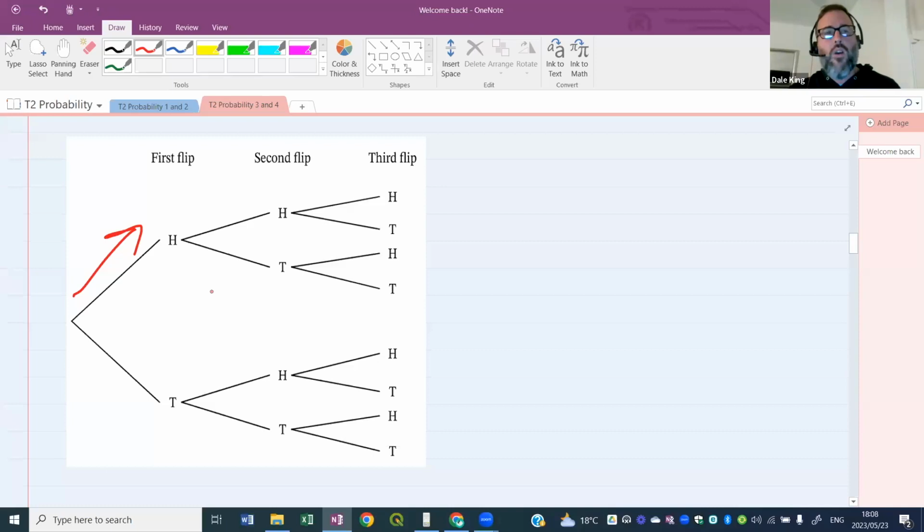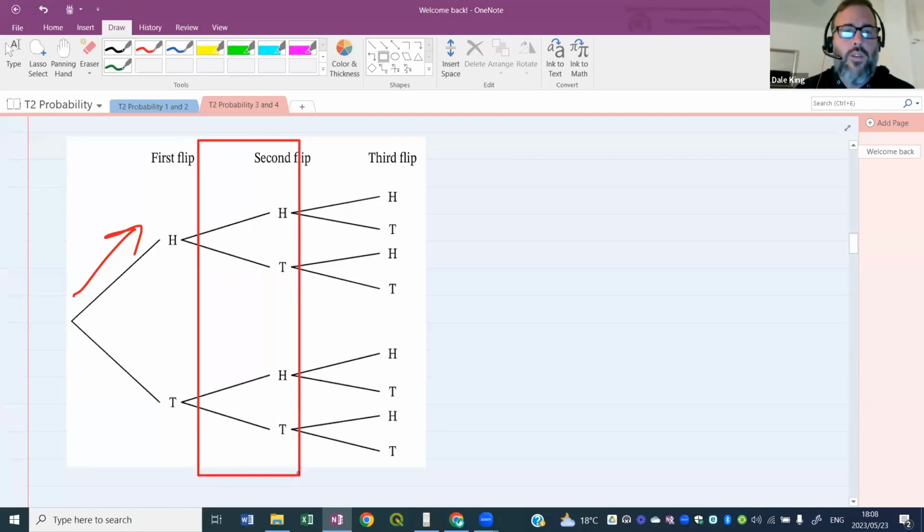So we're saying here, when we flip the coin first and look at the results, it could be heads. That's a possibility. Now, we flip the coin once, we see heads. We're going to flip the coin a second time, and now we're looking over here, the second flip.